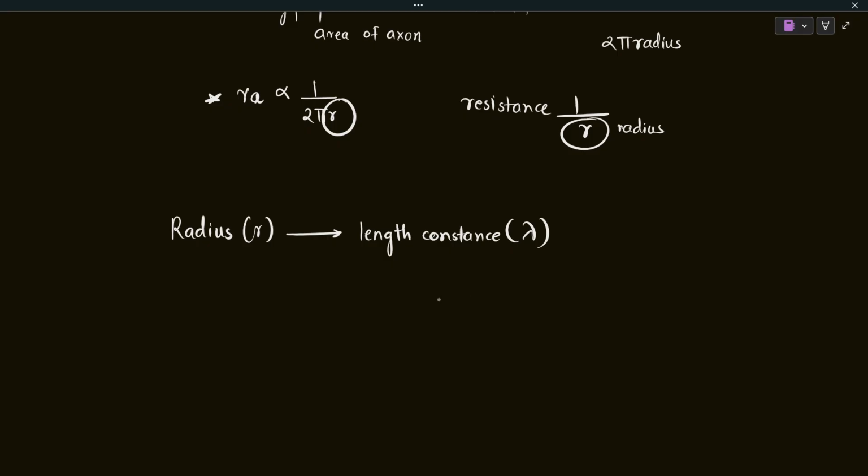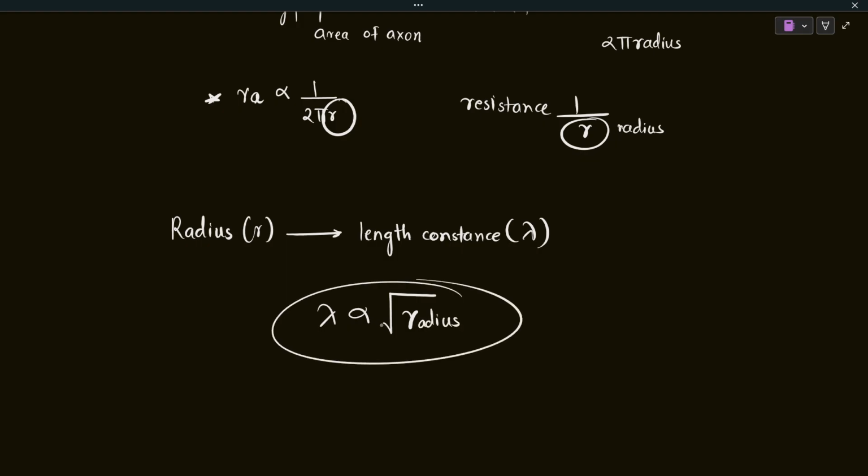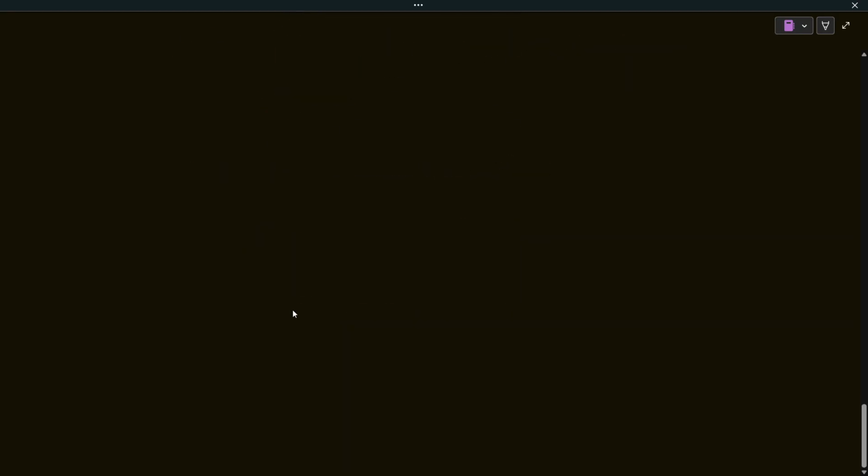Again, I'm not going to talk about the derivation of the formula. This proves that the length constant is directly proportional to the square root of the radius. Let's list down the formulas we have learned so far, so that the next point is quite clear. The length constant is equal to the membrane resistance over the axoplasmic resistance.